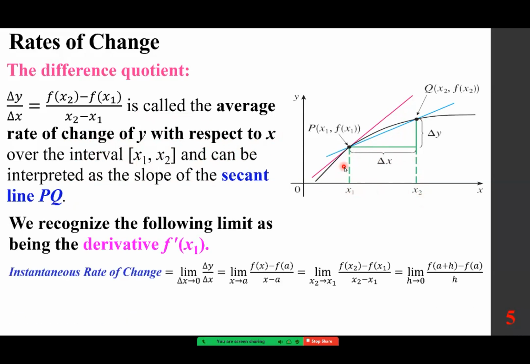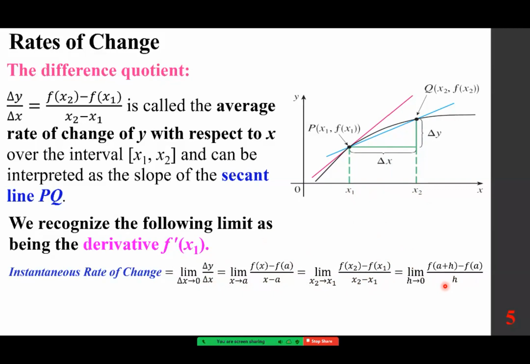Here's the derivative, f prime of x1, as we mentioned in the previous page. If we take this limit and we let x2 approach x1, or delta x go to 0. So take a look at this one, delta x goes to 0. Take a look at this one, x2 approaches x1. And this is from the previous page, x approaches a, and this is from the previous page, h approaches 0.